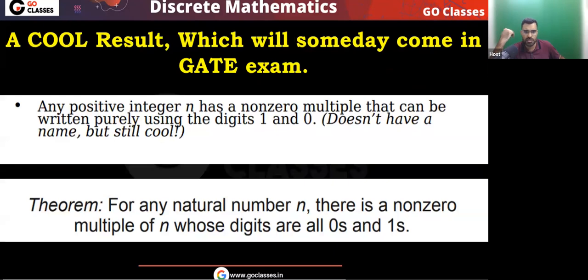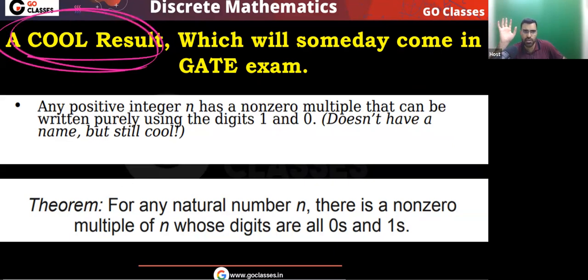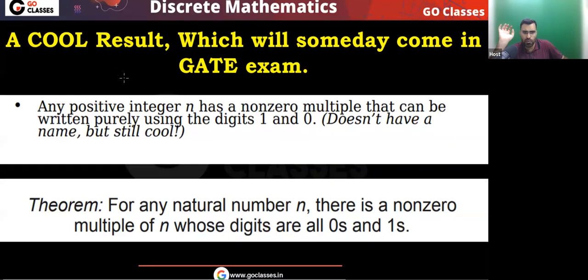Okay. Now this is the last thing that we need to do in the pigeonhole principle. We have seen everything else, but this last result we need to see. Let me tell you why this result is important. You will find it in every pigeonhole principle book. In any standard book, if you read the pigeonhole principle chapter, you will definitely find this question.